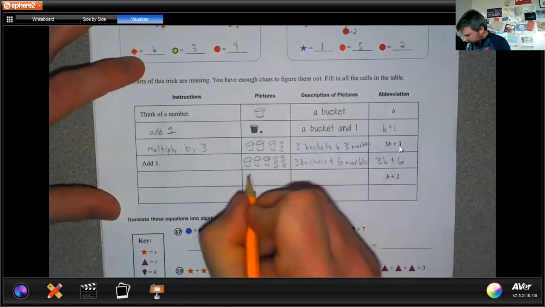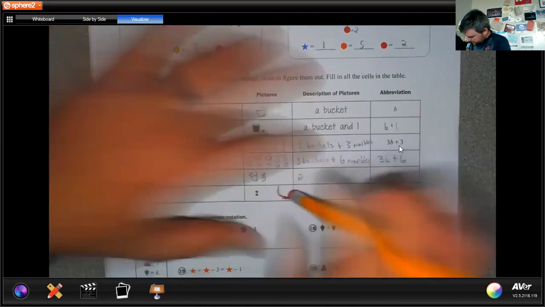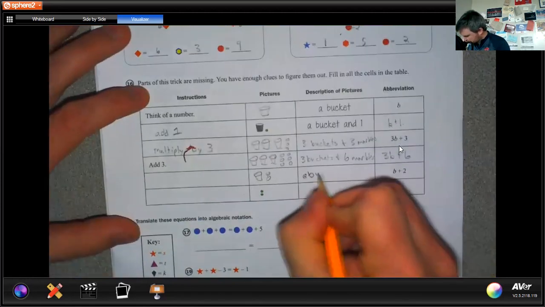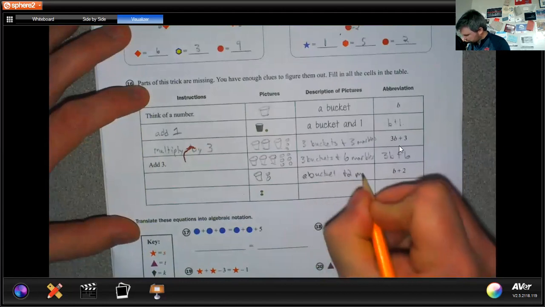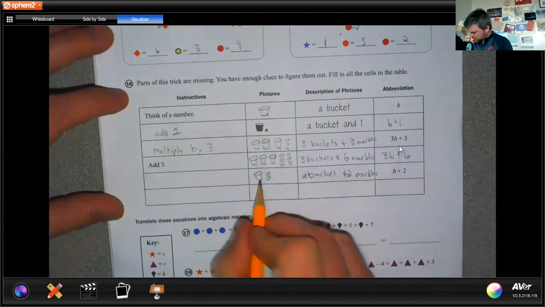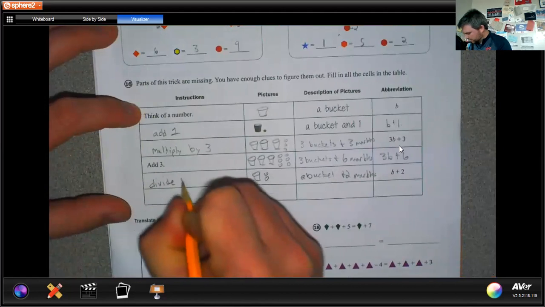All right, then they went from 3 buckets to 1 bucket, 6 marbles to 2. So a bucket and 2 marbles. So in order to go from 3 to 1 or 6 to 2, we divided by 3.